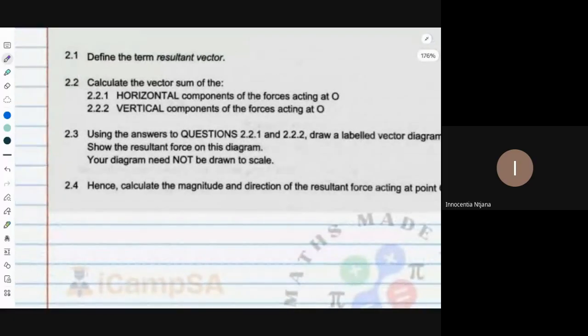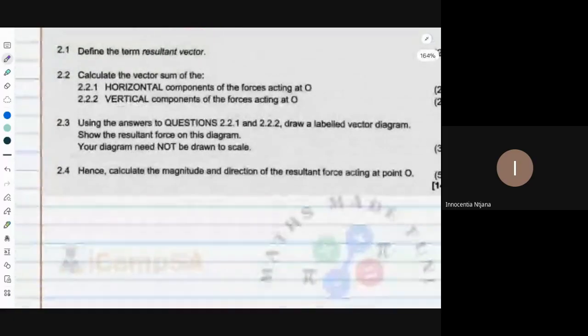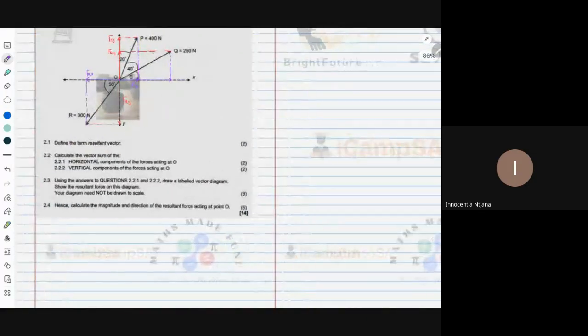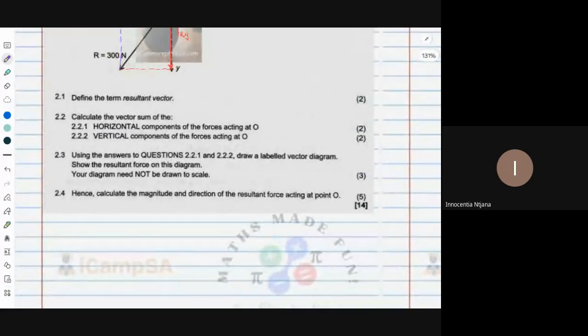So I won't write the definition. You should memorize it from your notes. But let's get into the calculations, which I think carry more marks. I've already written the definition in our previous notes, but it's fine, let's write it again.